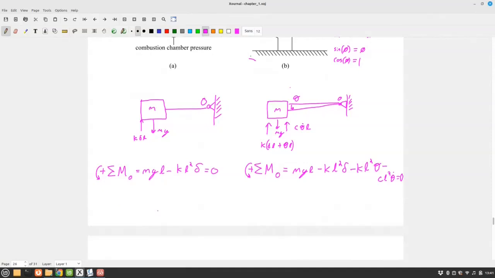I get J plus ML squared times theta double dot, plus CL squared theta dot, plus KL squared theta is equal to 0.